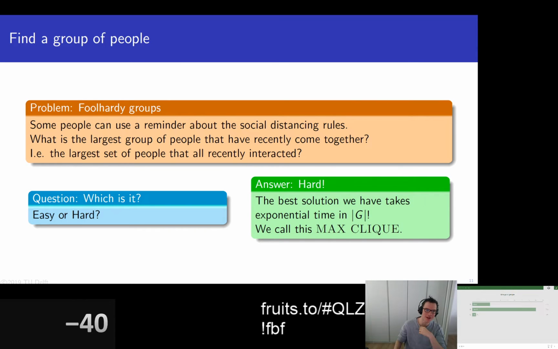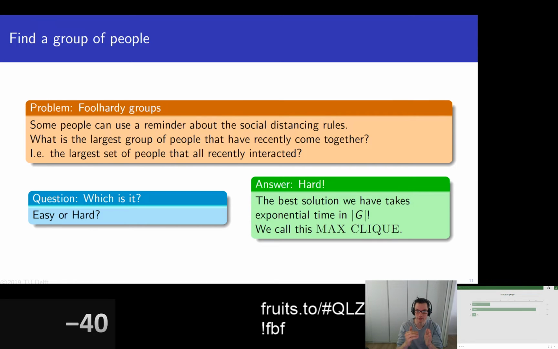Well, what I mean is that the best solution I've got to solve this problem takes exponential time in the size of the graph. Meaning, if I make the graph just one node larger, the time required to solve the problem will immediately become twice as big, or at least a constant factor as big. So making it additively bigger will make the runtime multiplicatively bigger.